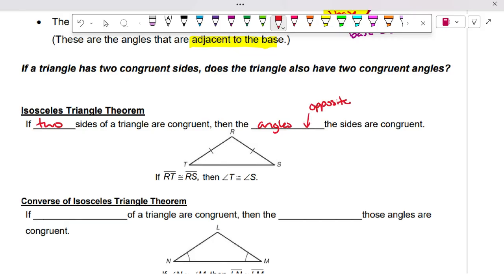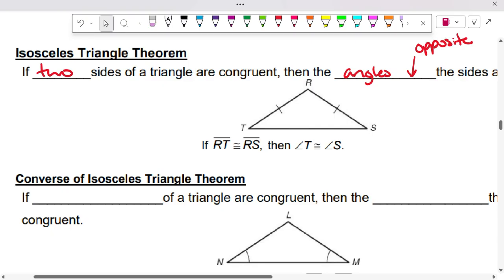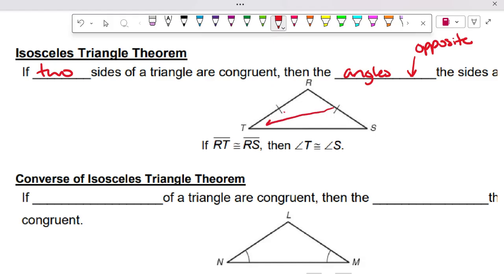Sorry, I'm writing it up here because I don't have enough space. So, for example, RT is congruent to RS. So that means that angle T, because that's opposite RS, is congruent to angle S, which is opposite RT.